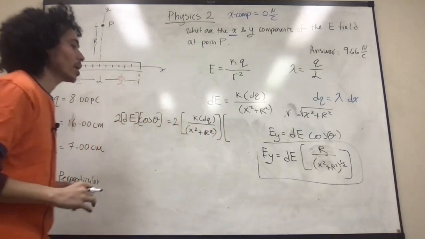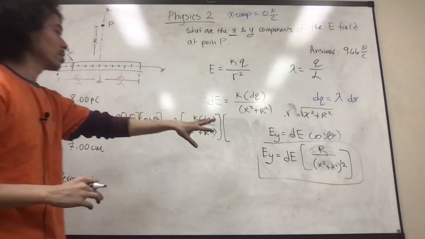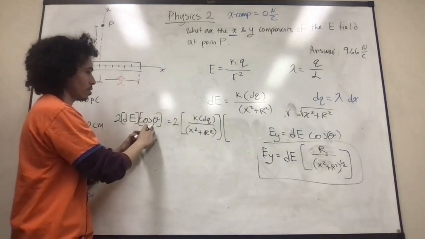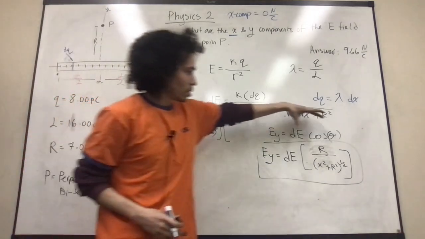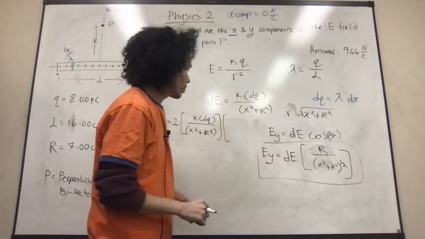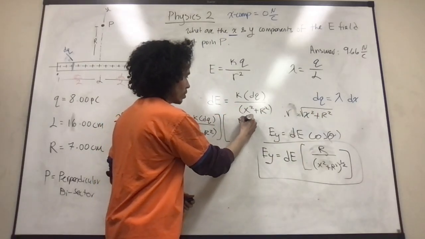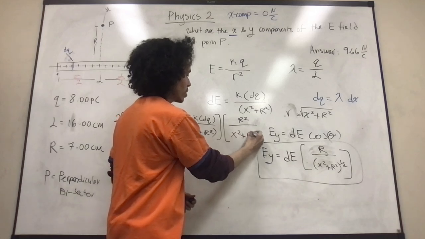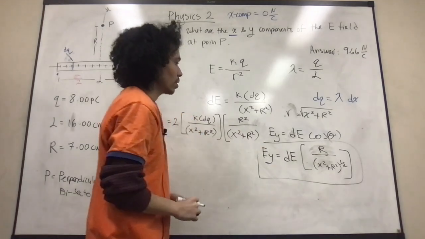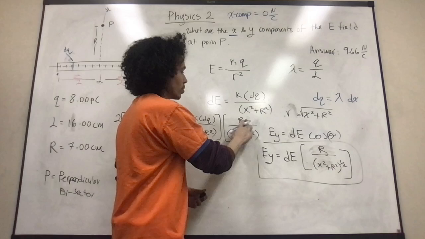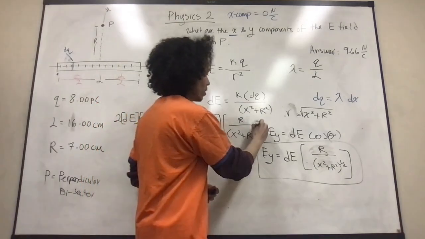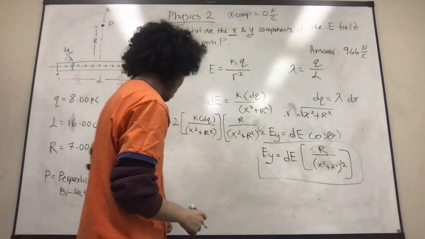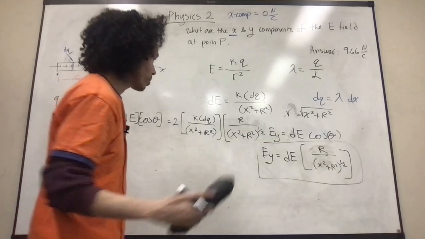And then we have our cosine here, which is defined right here: r over x squared plus r squared. No, it's up top, it's not r squared. It's just at the bottom, over 2. All right, now let me clean this board up.